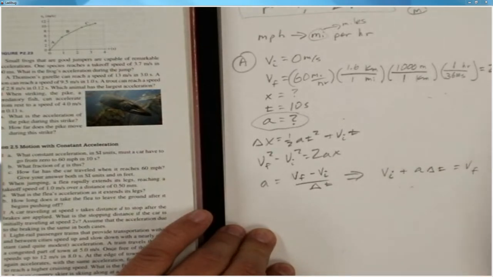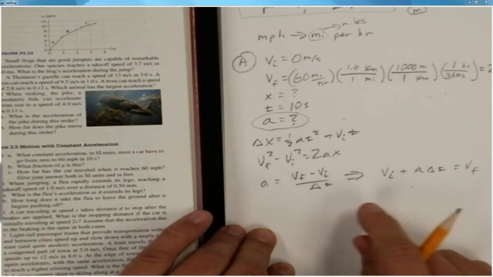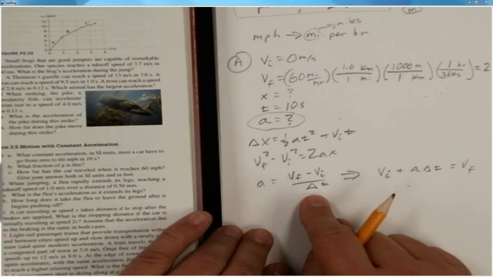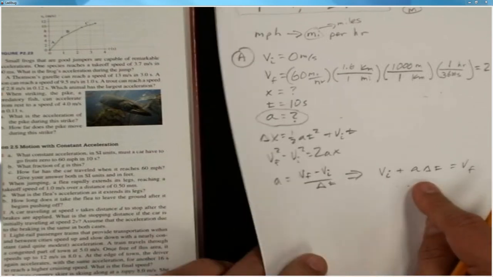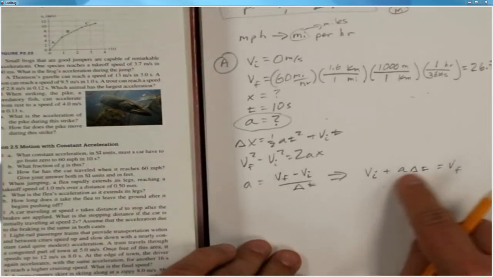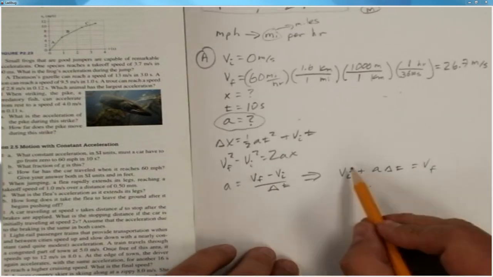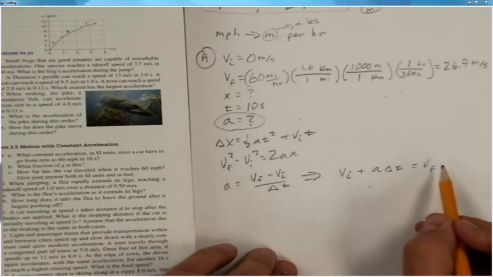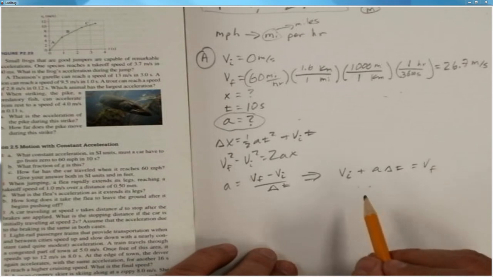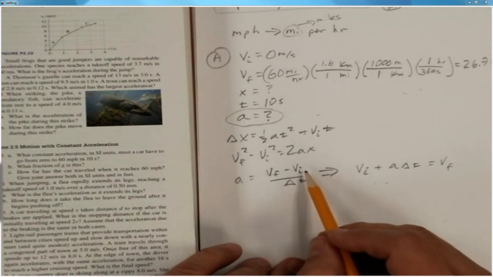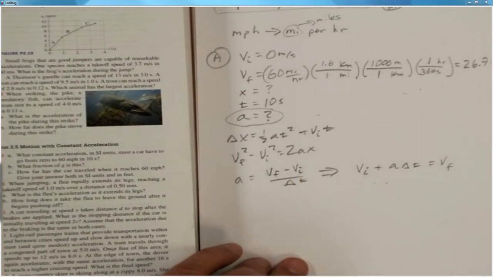Honestly, I do not memorize this. I just remember the definition of acceleration, which is VF minus VI over delta T, and then you can rearrange it to find whatever you need. There are teachers who will make you memorize this as though it were a brand new equation, and that's not me. If you know this, you can rearrange it to find TF or TI or VF or VI using your algebra skills.